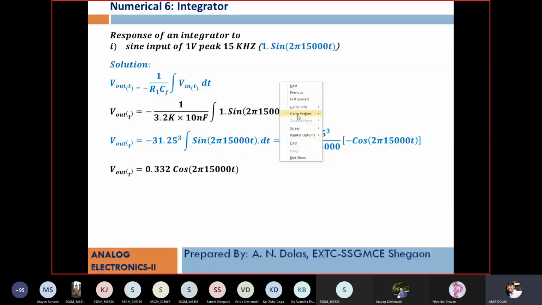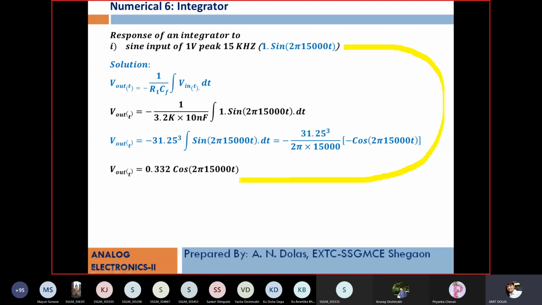So in this integrator, sinusoidal is the input and you can see a cosine waveform is the output. There is a 90-degree phase shift between the sine and cosine. That must be visible in the waveform diagram that you are going to plot. Another thing is this sine wave has 1 volt peak, so it will have 2 volts peak to peak.